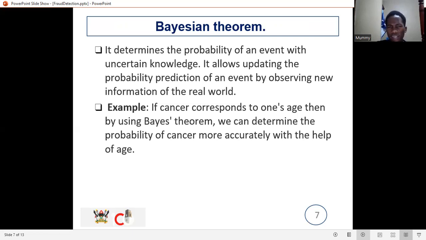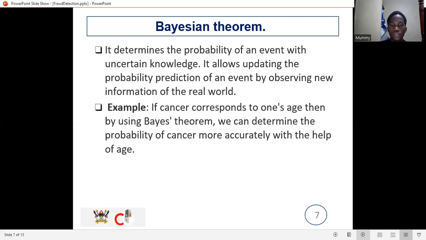But however, if you go back to this last statement that says it allows prediction of an event by observing new information of the real world. So let me give an instance, supposing a new trend came into the world whereby now cancer was more prior to the younger generation, compared to the older people.